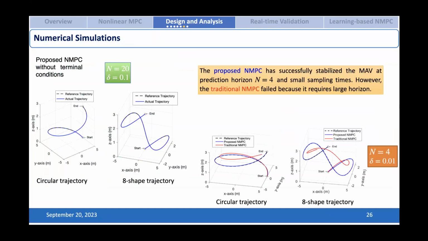Traditional MPC means MPC with terminal cost, and in this case we used N equals 4, which is the minimum value of the prediction horizon, and we decreased the sampling time, made it faster. We can see that the blue one, which is our proposed controller, perfectly matched the trajectory. However, the red one, which is the traditional one, fails to match the trajectory.